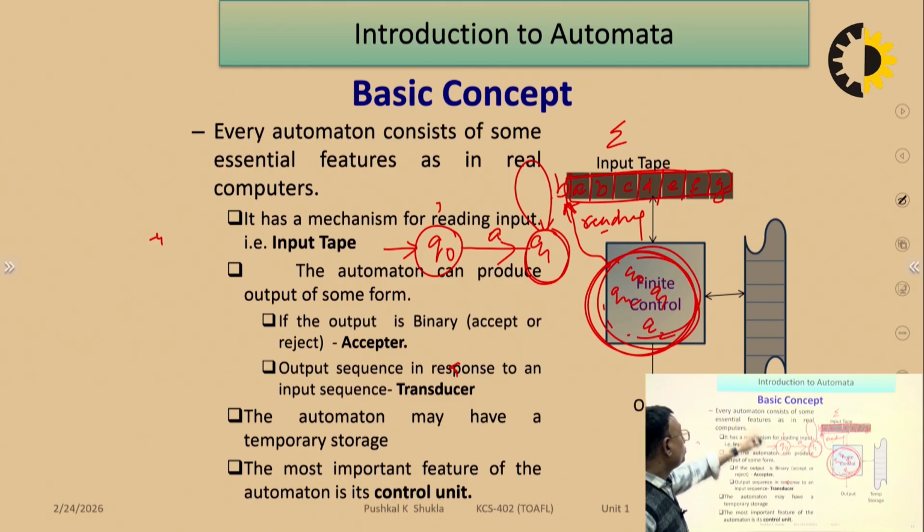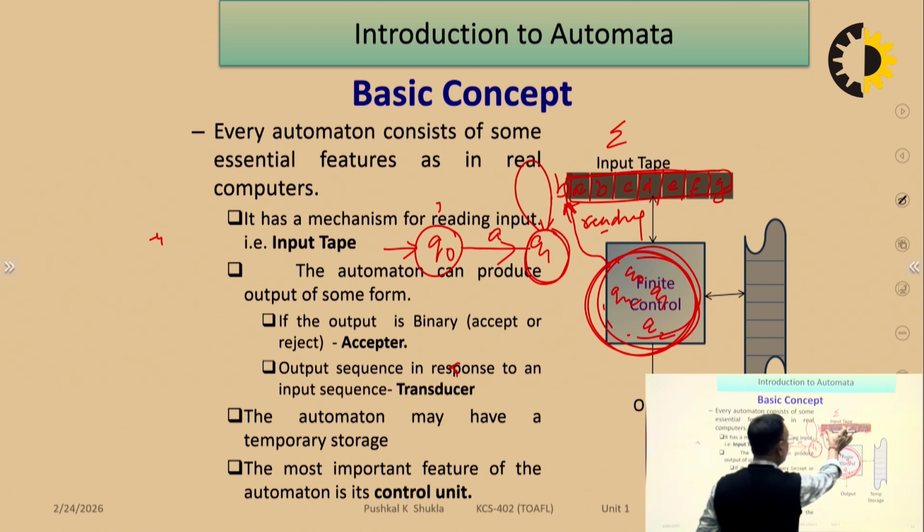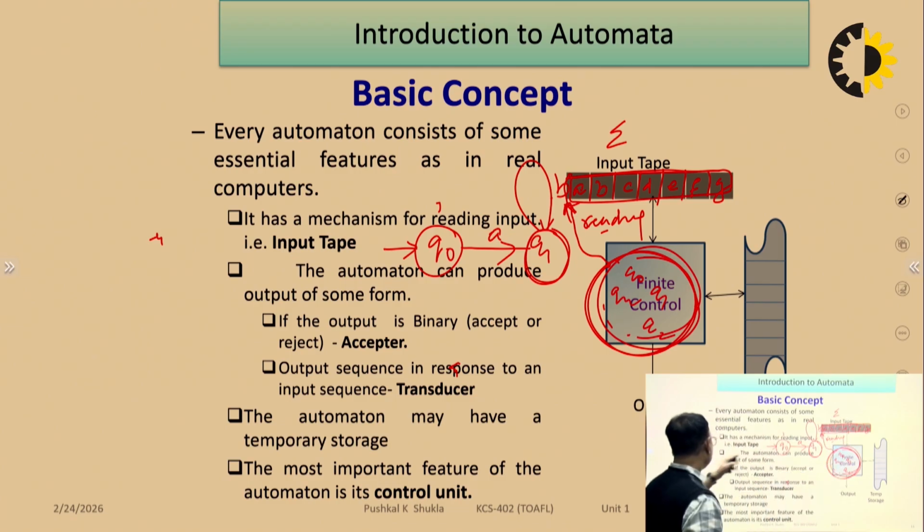Every automaton consists of some essential features, as in real computers. It has a mechanism for reading the input tape. This is an input tape, and we are reading input alphabets. The automaton can produce output of some form.